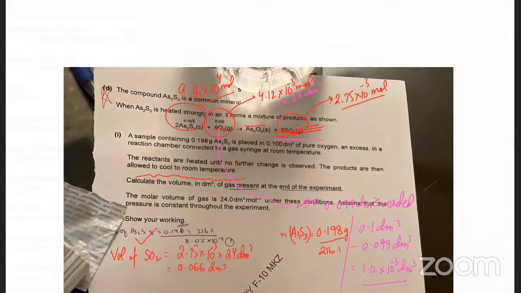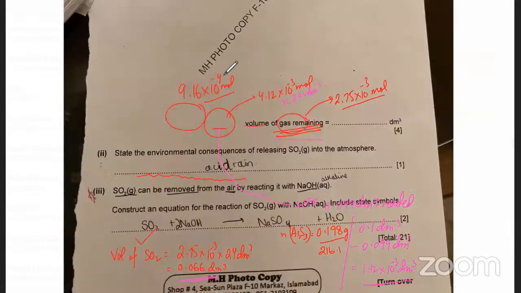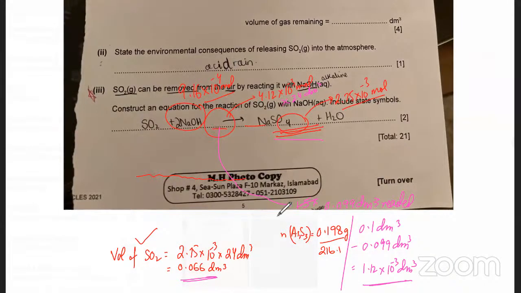So you're going to sum up this volume with this volume. That's the total volume of gas that is present. It's the gas that is produced, and it's the other one as well.